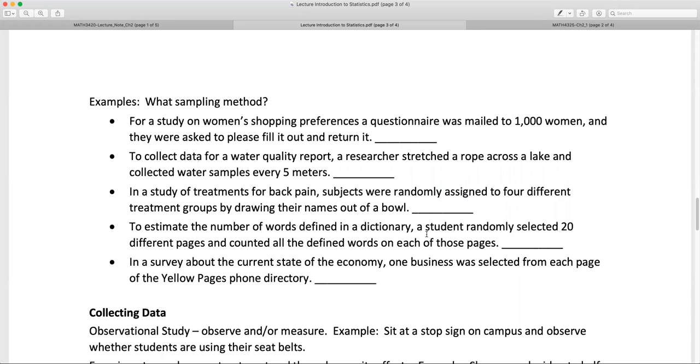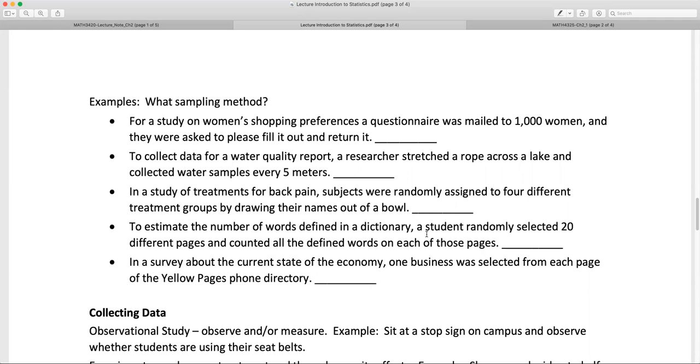Each page has many word definitions, so we can consider those 20 different pages as 20 different groups. The students randomly selected 20 groups and then counted all the defined words on each of those pages. That's cluster.